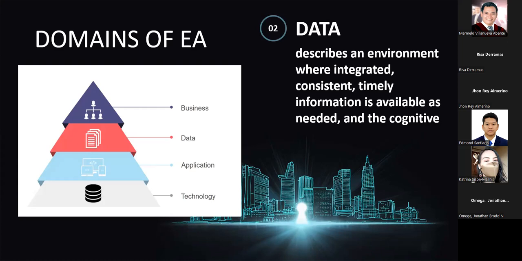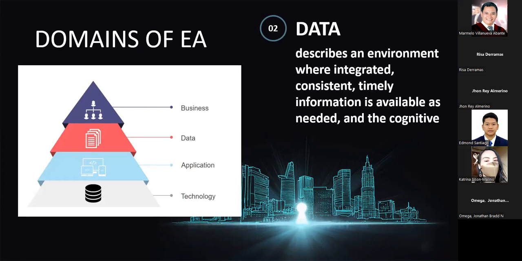So data or information describes an environment where integrated, consistent, timely information is available as needed. AI infrastructure, for example, is for turning that information into knowledge. The insight identifies old and new sources of data and how they are integrated and aggregated, data transformation in enterprise-wide conceptual and semantic models.